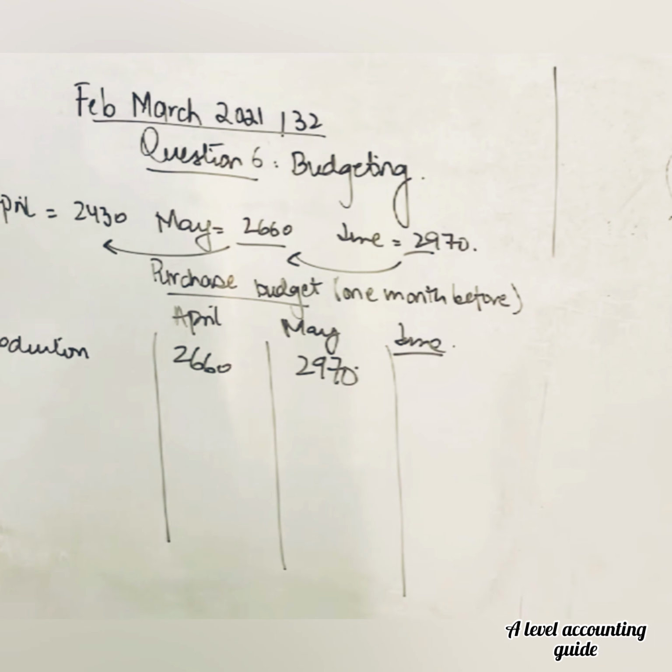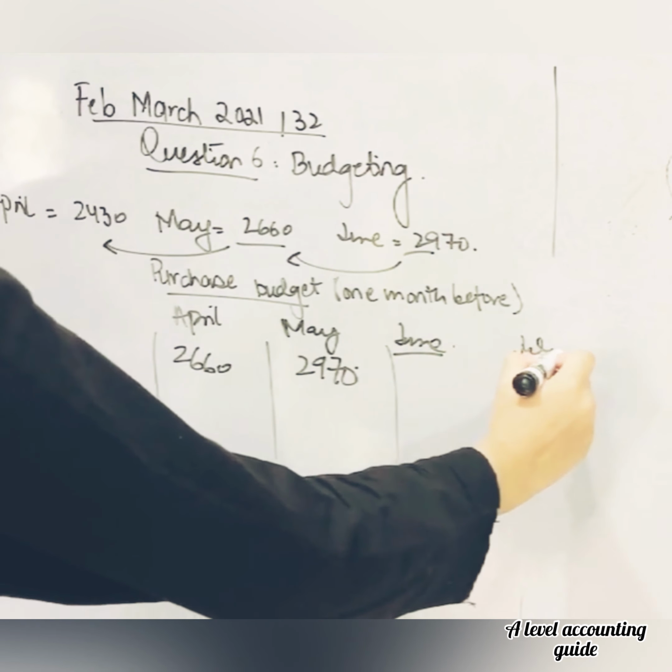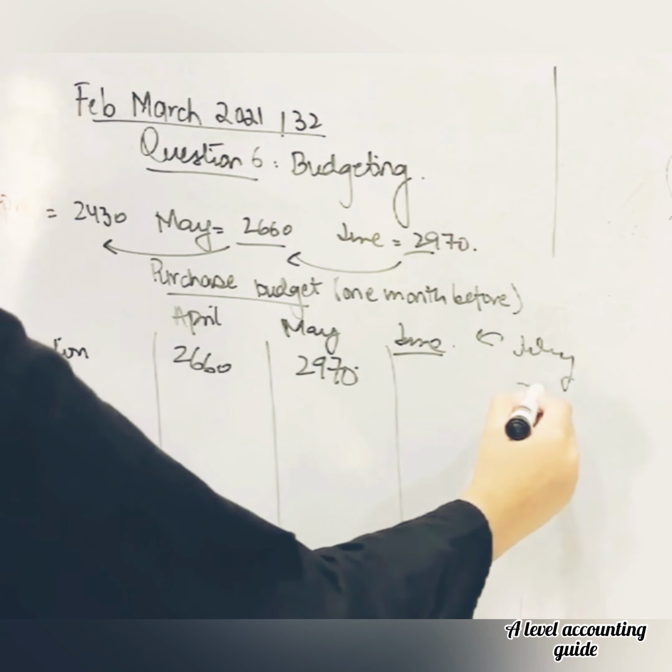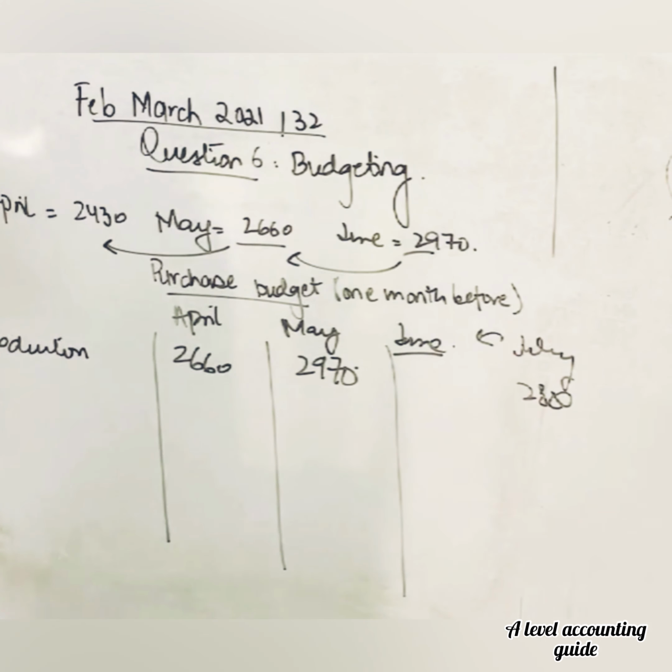The units for July. So for July will be for June. So we will calculate for July the production budget. So the production budget for this is 2800, the sales units. We're going to add the closing inventory and we're going to less the opening inventory as we did before. So for the closing inventory, it will be the next month 15%.